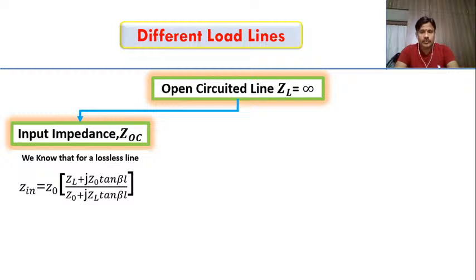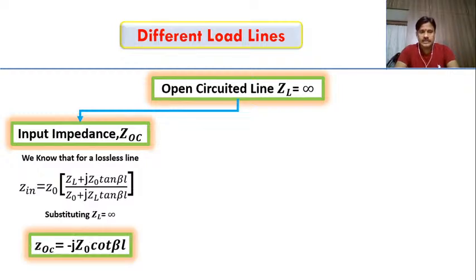So don't substitute directly in this expression. What we have to do is take ZL common in both numerator and denominator. Then ZL gets cancelled, and in the remaining terms, Z0 by ZL, the denominator becomes infinity, so that will be 0. By doing so, we get ZOC equals minus j Z0 cot beta L.